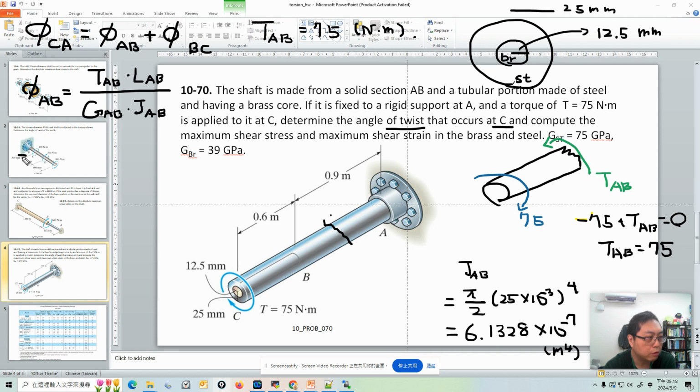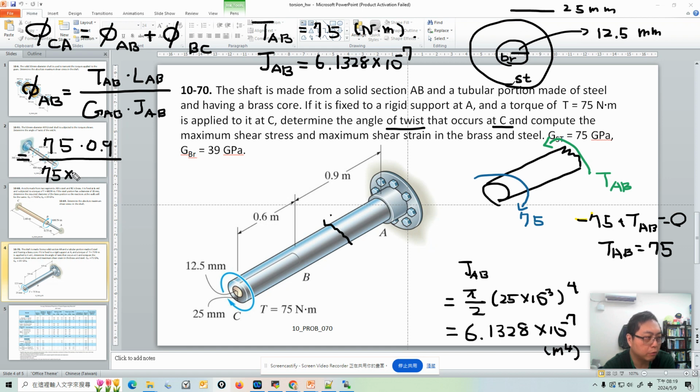Okay, so we have everything here. We have TAB. JAB is 6.1328 times 10 to the power minus 7. If you put everything in there, you have 75, and the length AB is 0.9, and G, this AB section is made of steel, so it's 75 gigapascal.